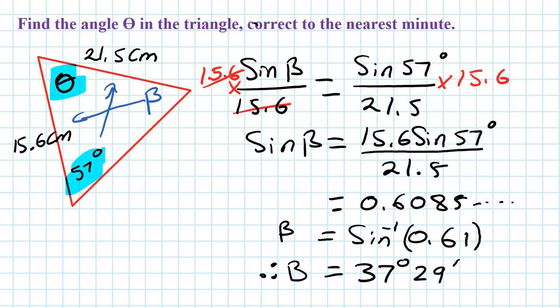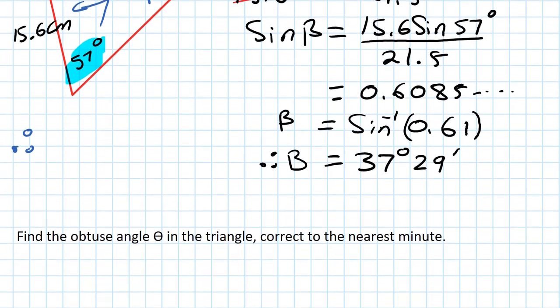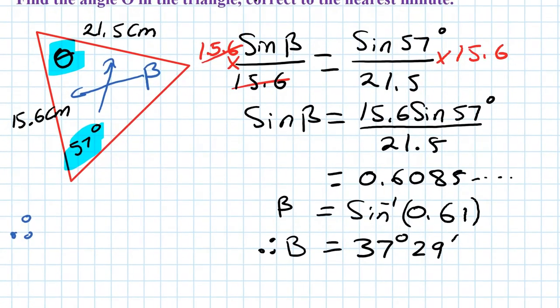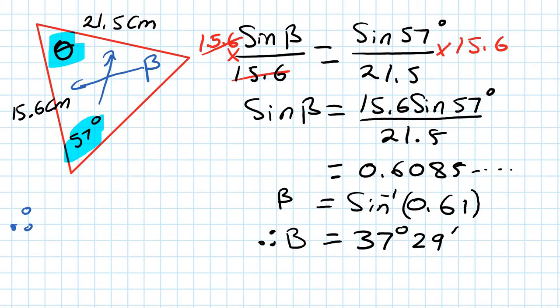Then because the question asks to find theta, therefore I just write here because I run out of space. Actually, I can just move it down. Therefore theta is equal to 180 minus 57 degrees and minus 37 degrees 29 minutes.